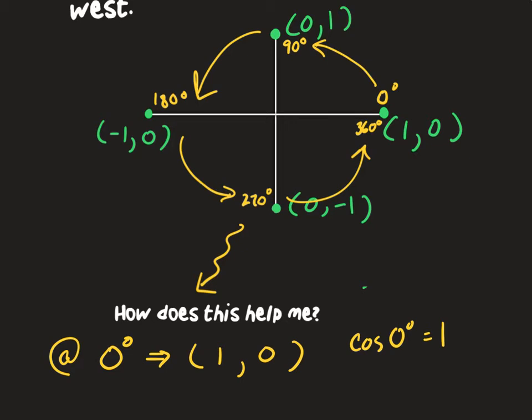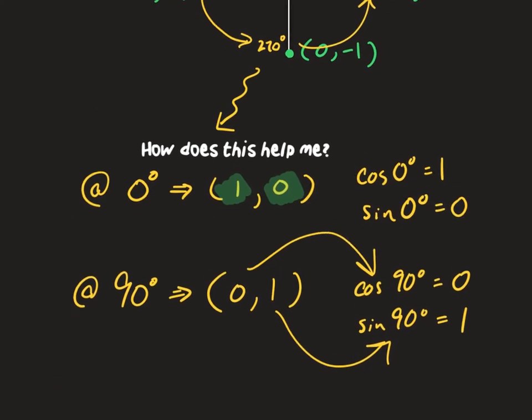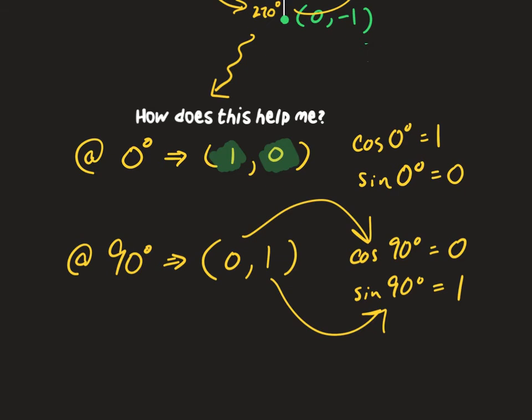Also, if we take a look at sine at 0 degrees, it will be equal to 0 because sine is the y value. So at 90 degrees, the cosine is 0, and at 90 degrees, sine is 1.